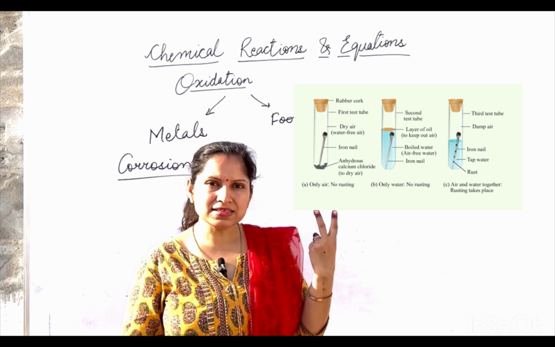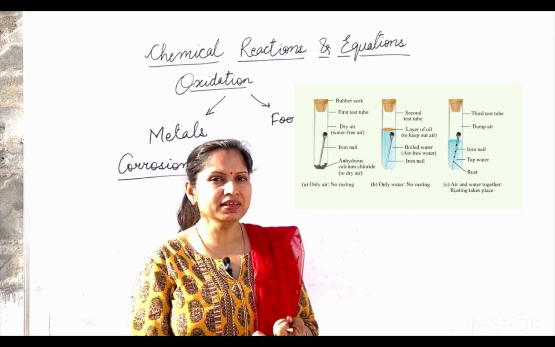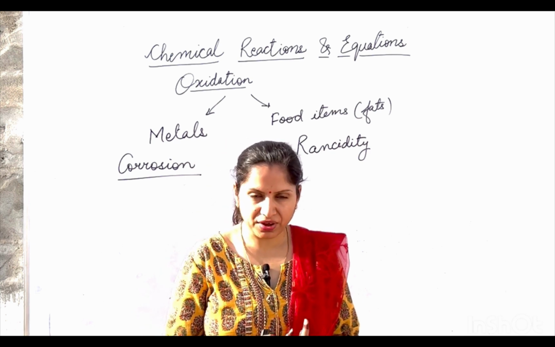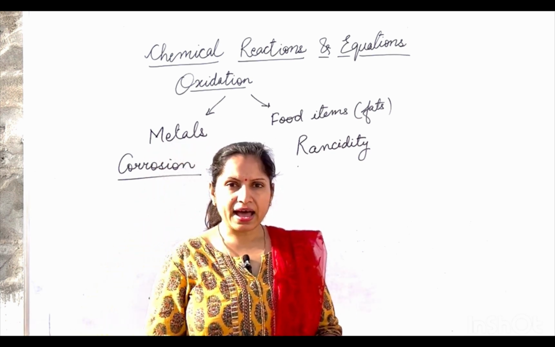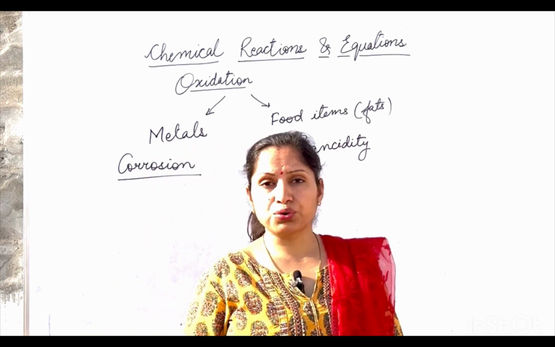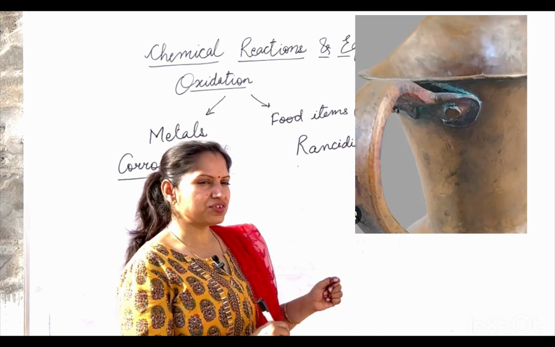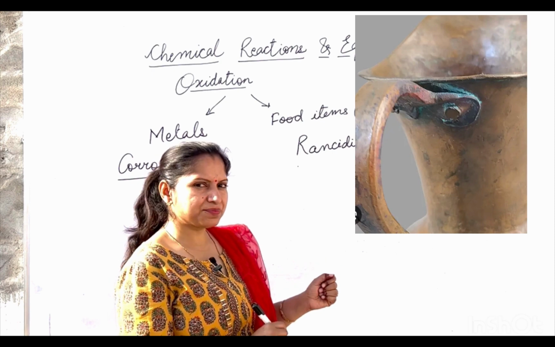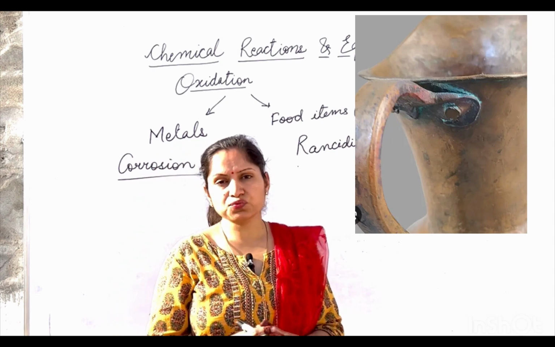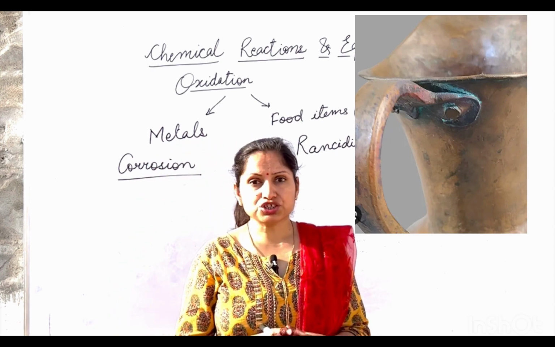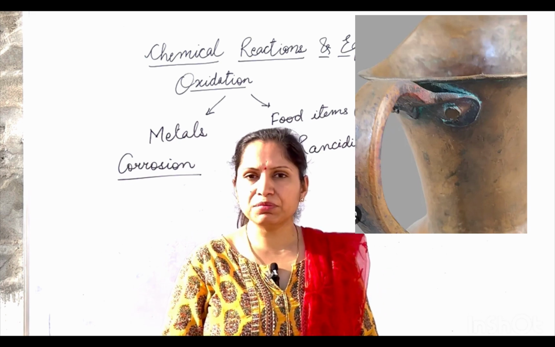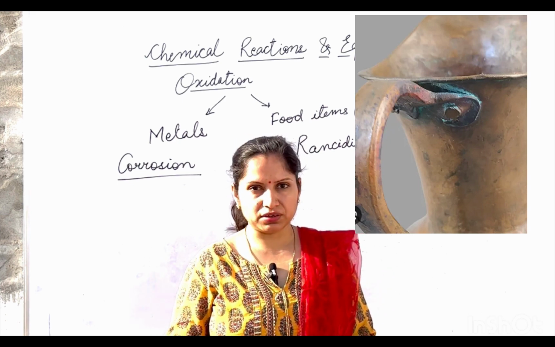So rusting requires both the things, oxygen as well as water. Now, not only iron, copper also gets corroded. You must have seen a greenish layer on the surface of copper, somewhat like this. And this layer is formed because of reaction of copper with carbon dioxide present in the atmosphere.